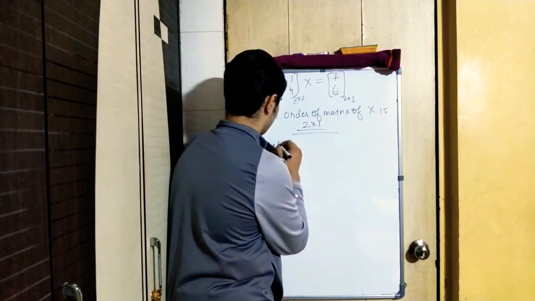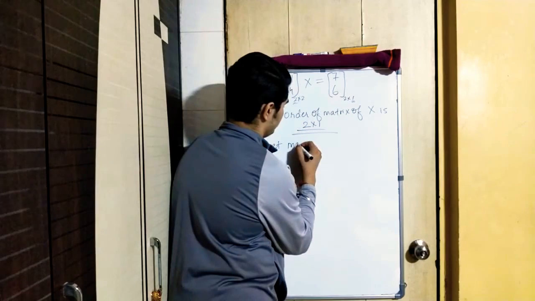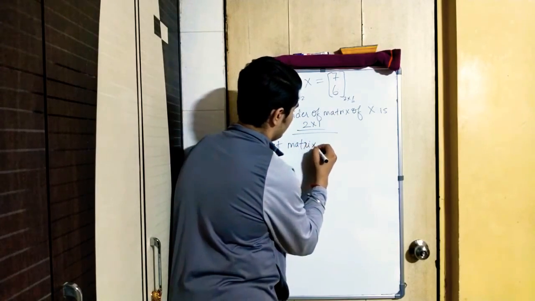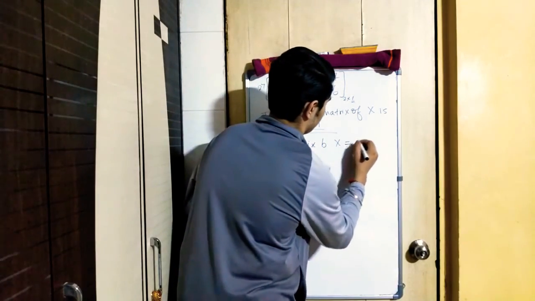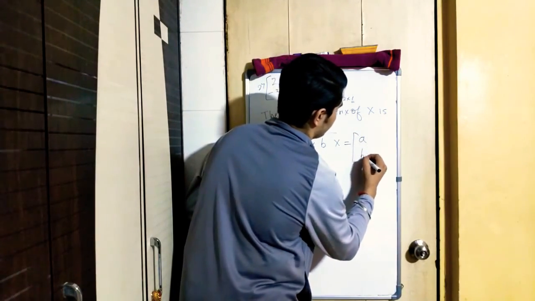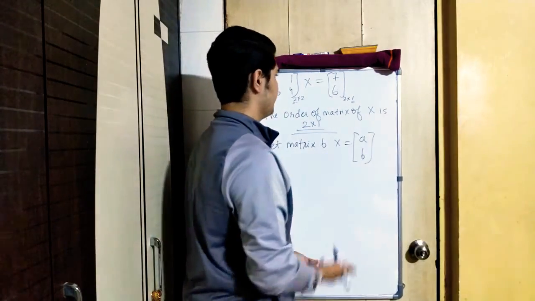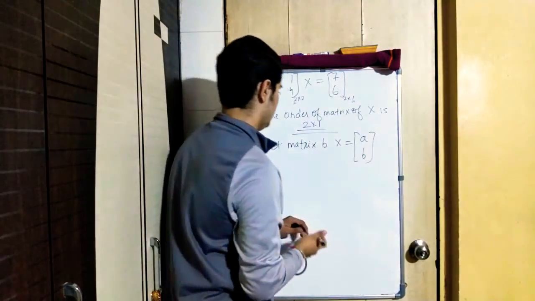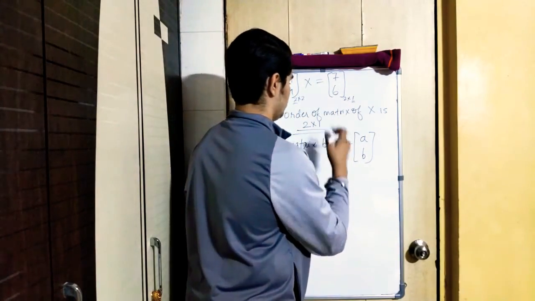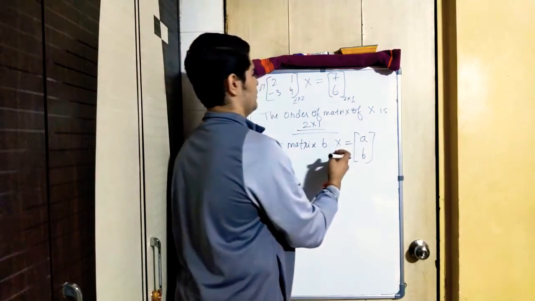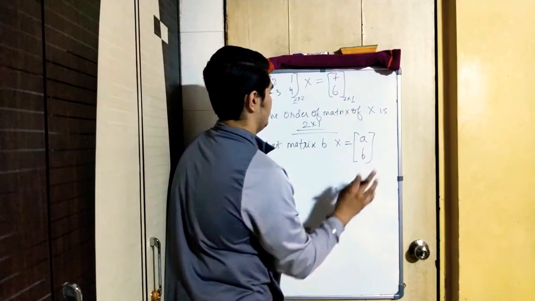We have to assume a matrix X, so let matrix X be A B. You can put any variable, mn, xy, zx, but I am taking AB. If you take X, you will not be able to differentiate between these two X. So I am taking A and B.